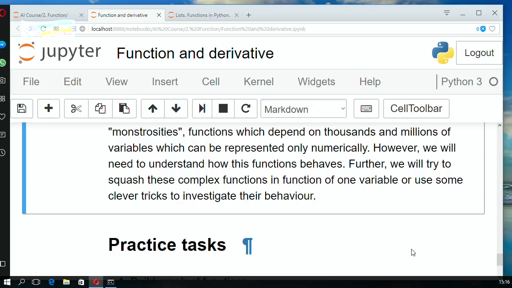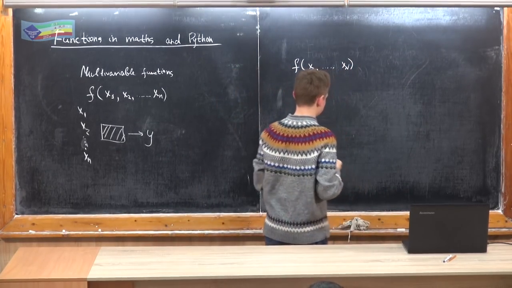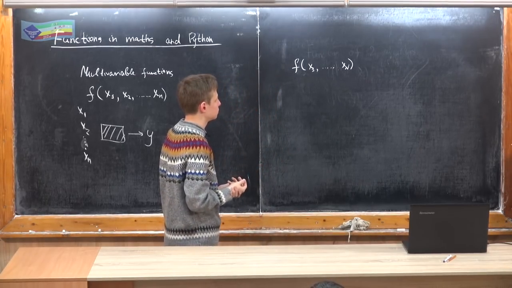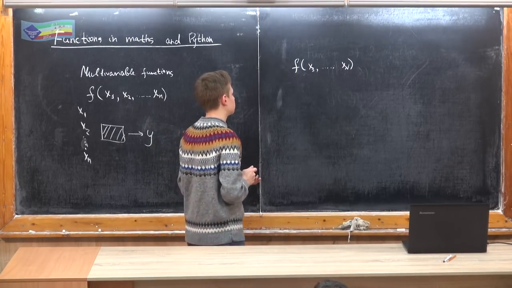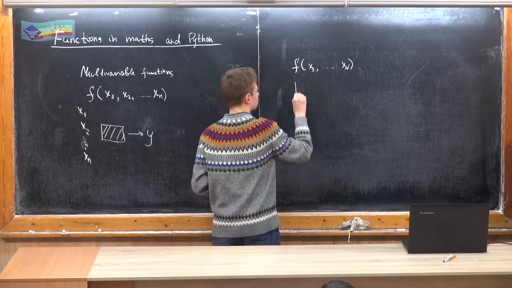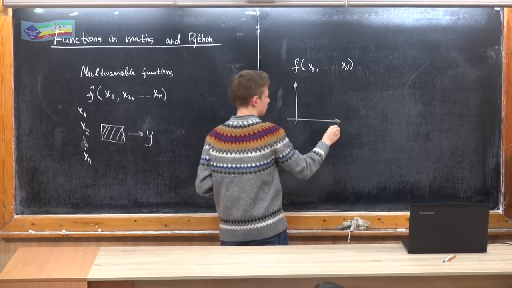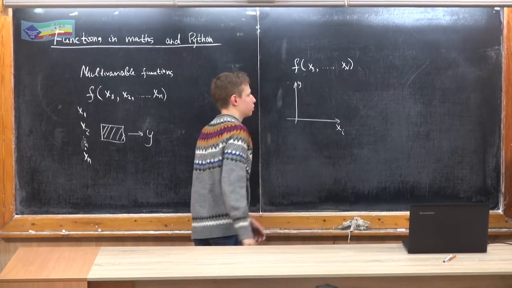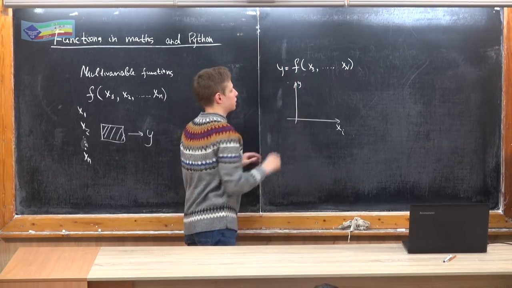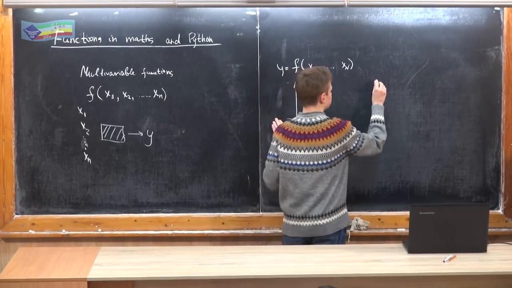That's why, if we have some tremendous function and we cannot understand it, just because our brains are constructed in that way, then we can do one last trick. It's to plot the function changing only one variable, while other variables are constant.